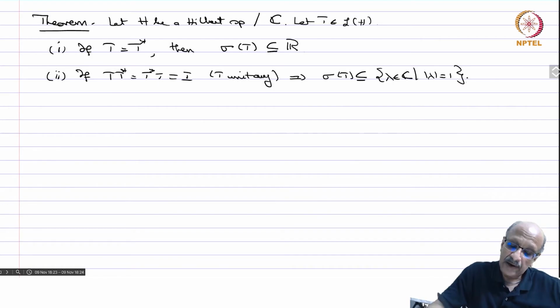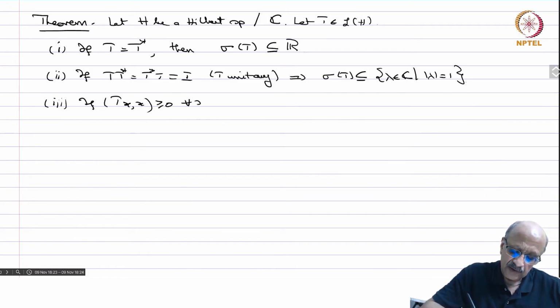That means the spectrum is contained in the unit circle of the complex plane. Then 3, if ⟨Tx, x⟩ is greater or equal to 0 for all x in H, then in particular T equals T*, so the spectrum is in the real line, then the spectrum of T is contained in [0, ∞).